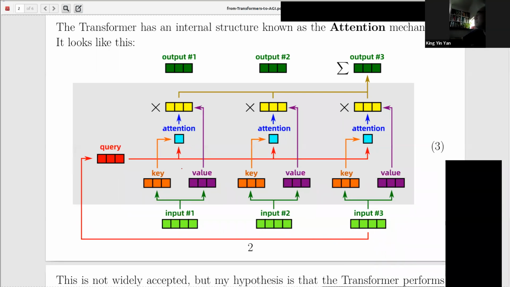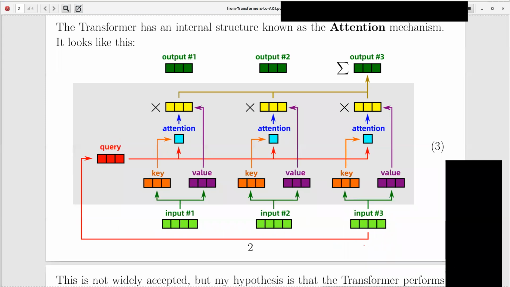Because for example, for query one, there's key one, value one, key two, value two, key three, value three, up to key 12, value 12. But for query two, there are only key one, value one, and key 24 and value 24, right? So how can we find the relationship between the query and a group of key values?